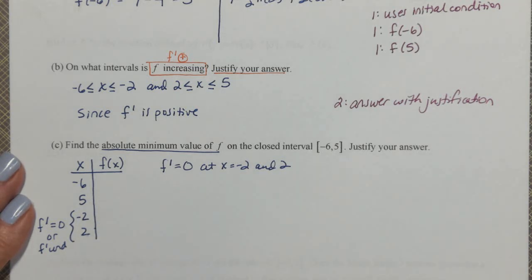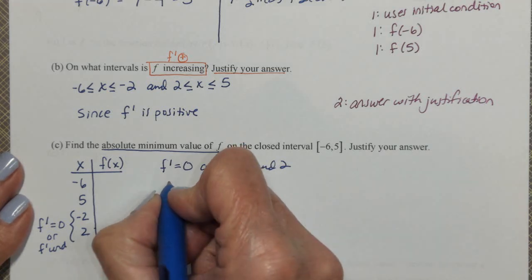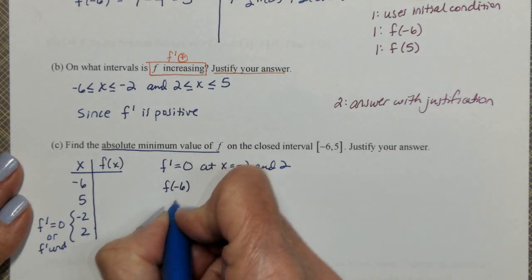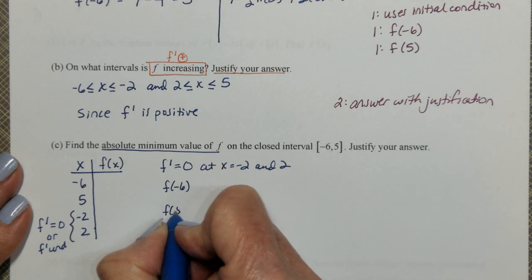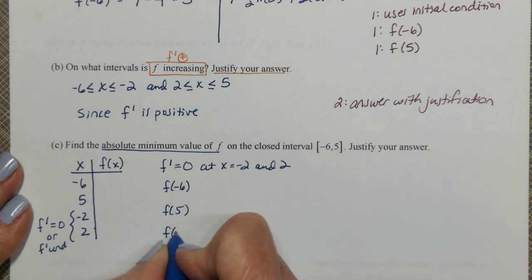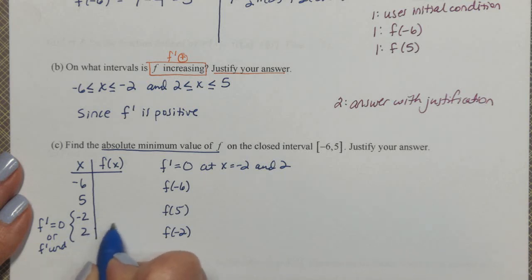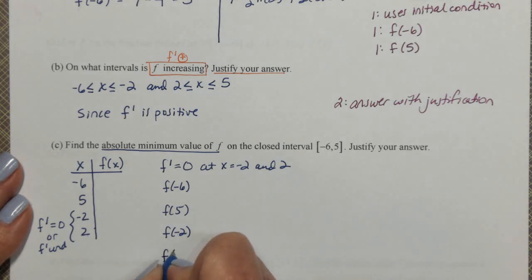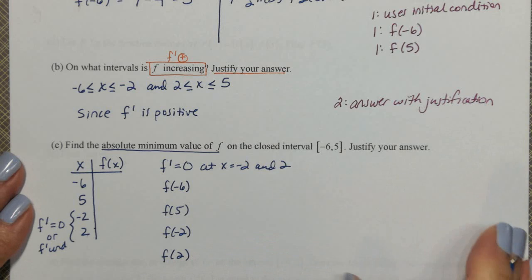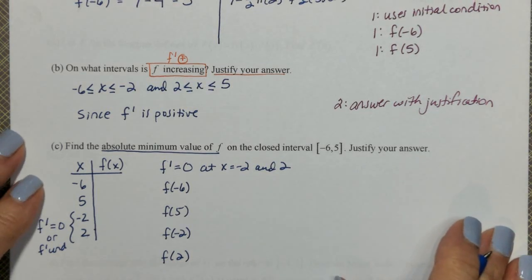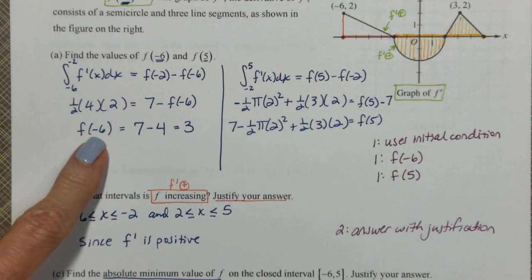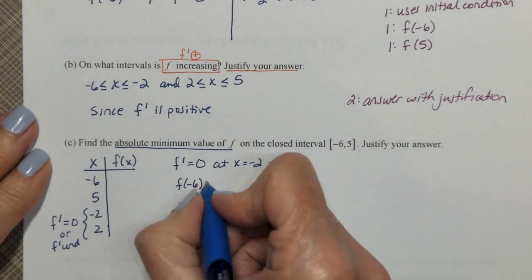Okay, now to complete our chart, I need f of -6, I need f of 5, I need f of -2, or to make a statement saying that that's the location of a relative max, and I need f of 2. I need all of those. F of negative 6 we found in part A. I already know that that's 3.